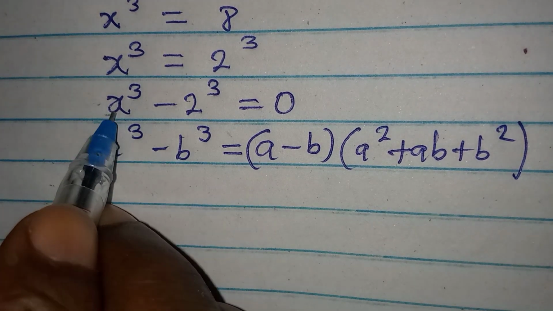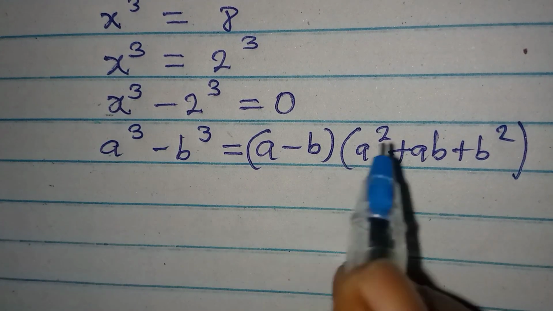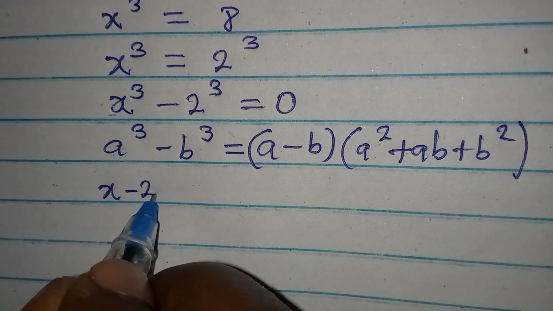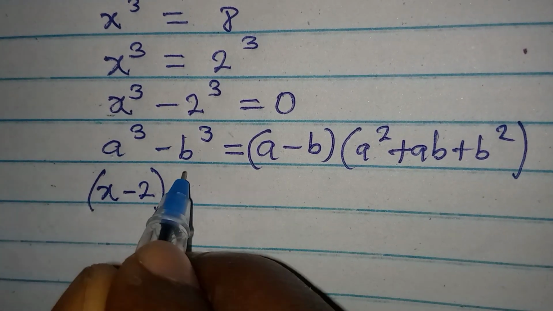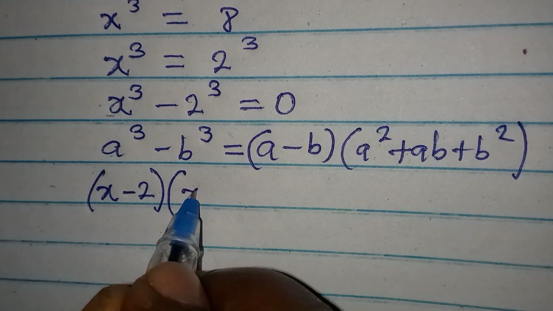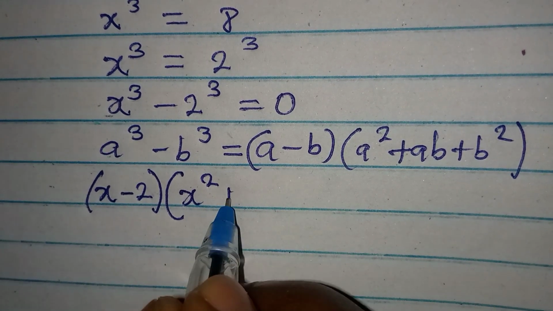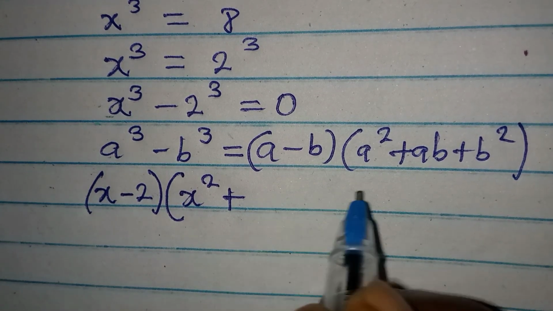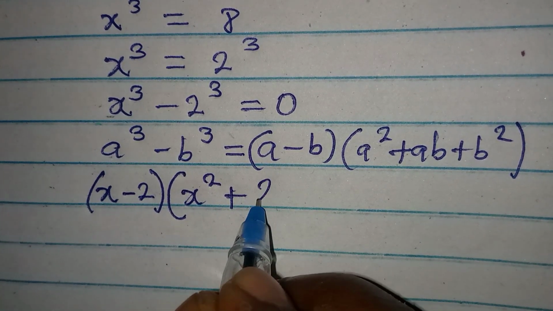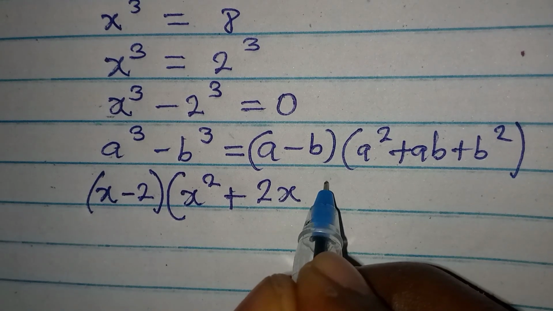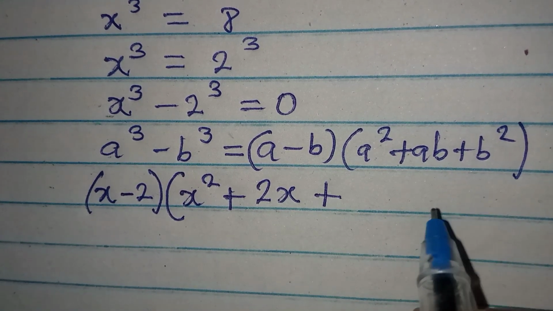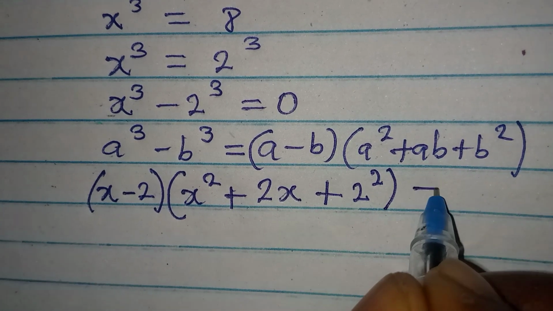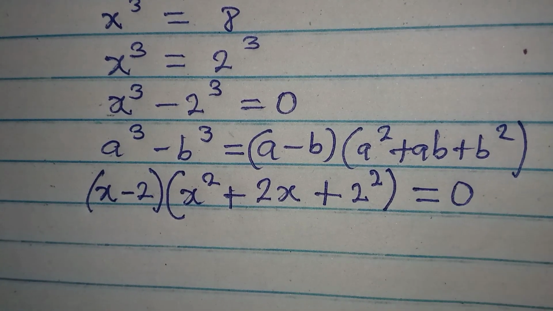Our a now is going to be x and our b is 2, so we're going to have x minus 2, close this. Then here we have x squared plus ab, right? So our a is x and our b is 2. Multiply both of them, we have 2x. Then plus b squared, which is going to be 2 squared, so we have 2 squared. Then close this, equal to 0.